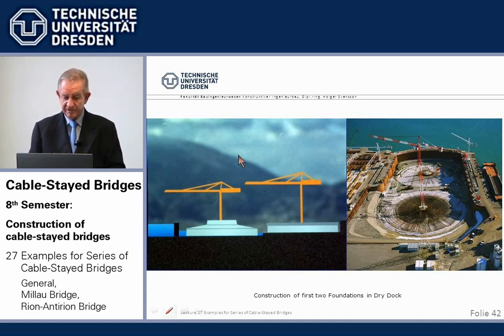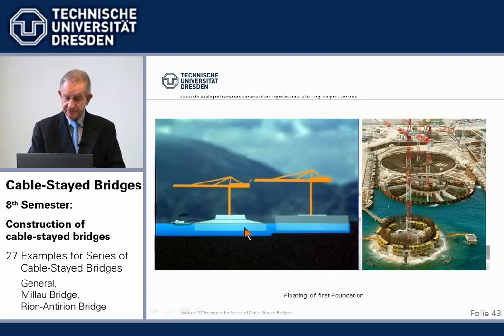And we have here also a little trick, quite remarkable. They used a dry dock which could accommodate 2 foundations at a time. We see here the first, and then we have here the cofferdam, you know, rammed sheet piles to keep the water out. That's how it's done here.